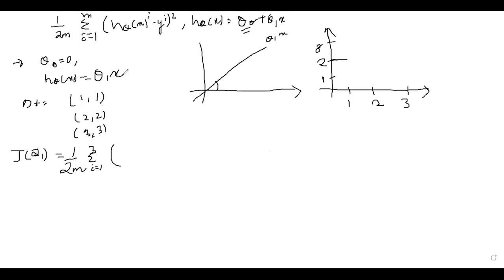So if I do theta 1 into x, it will be nothing but 1 minus 1 square, h theta of x minus y, then 2 minus 2 square, plus 3 minus 3 square. So it will be entirely 0.